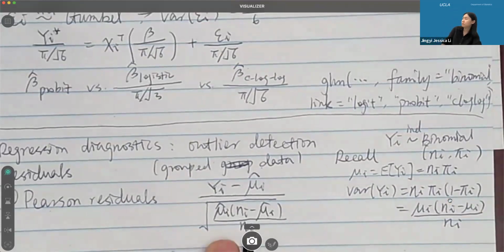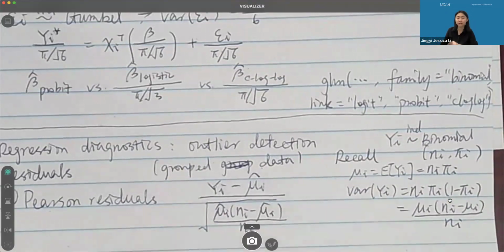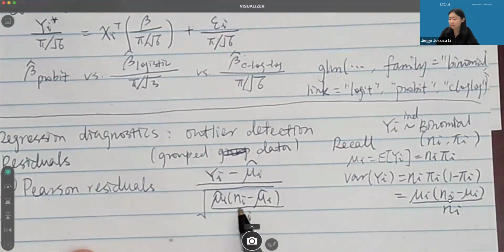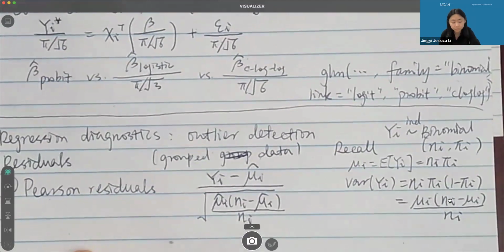That's why we have this. So we standardize yi by its standard deviation, but since mu I is unknown, we plug in mu I hat.